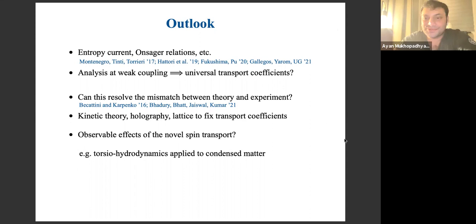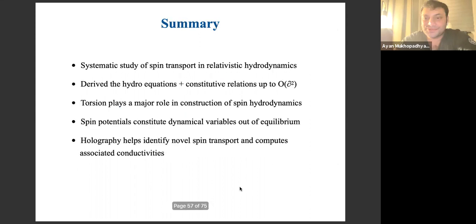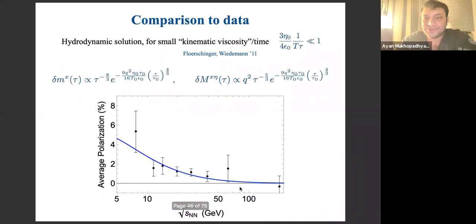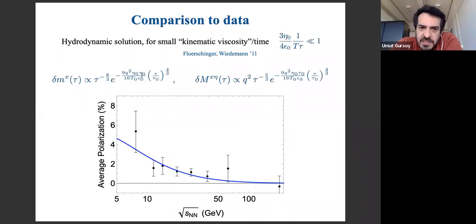So I have a very small remark about going back to the slide where you had this exponential decay. I think this exponential decay with Q square is probably coming because there is no zero mode or something like a sound shear mode, such that omega and Q can go to zero together.